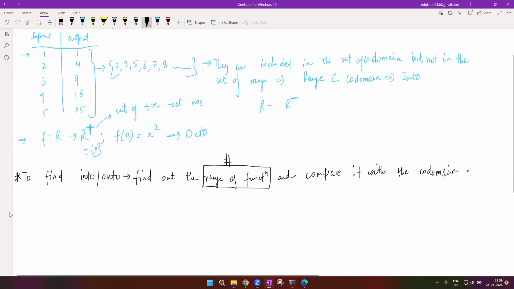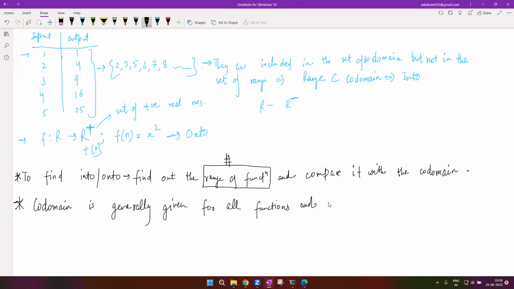Also note that codomain is generally given for all functions.